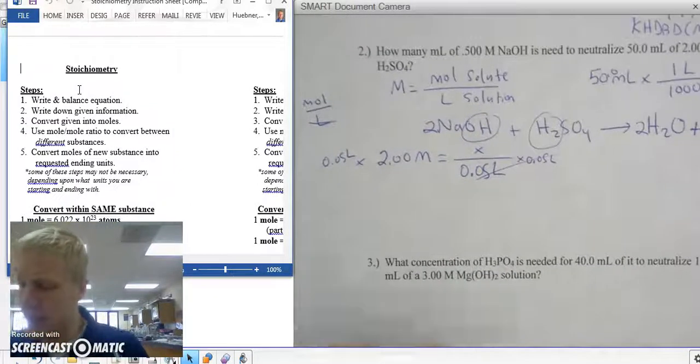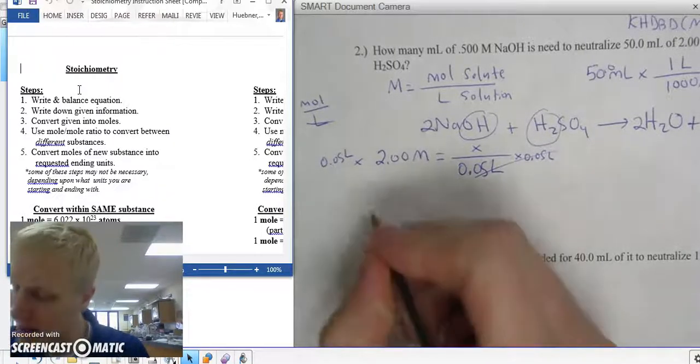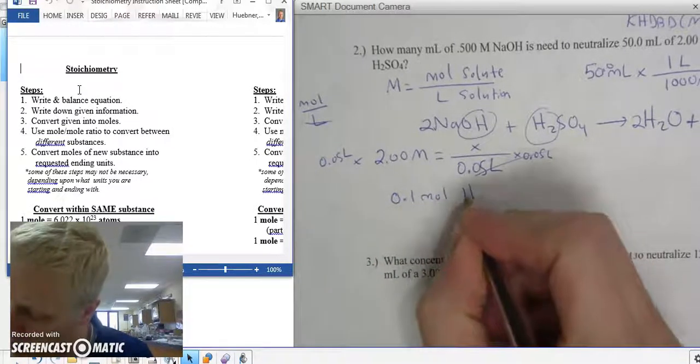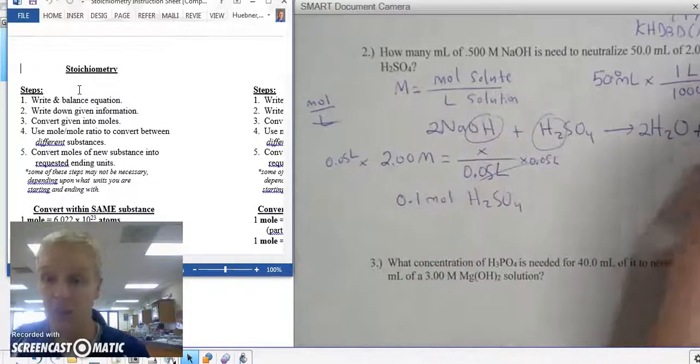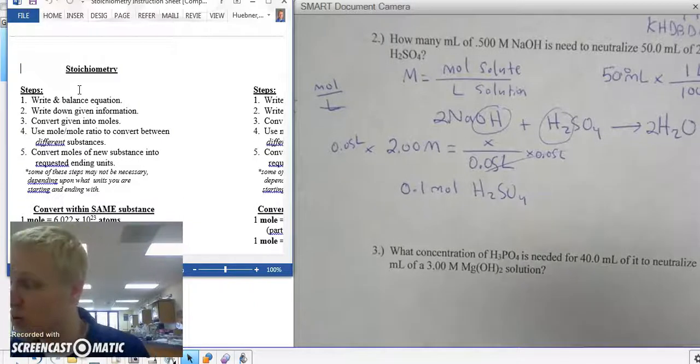Where were we? We were taking our 0.05 times 2. So 0.05 times 2 equals 0.1 moles of my H2SO4, because that's the substance that we had the information for. Now it's looking like we can do some stoichiometry.